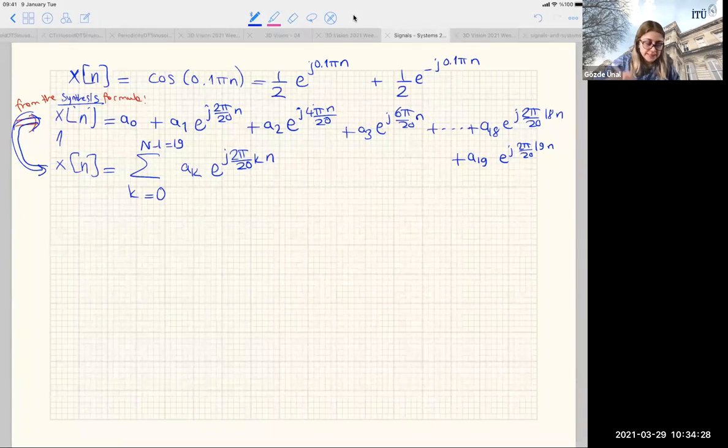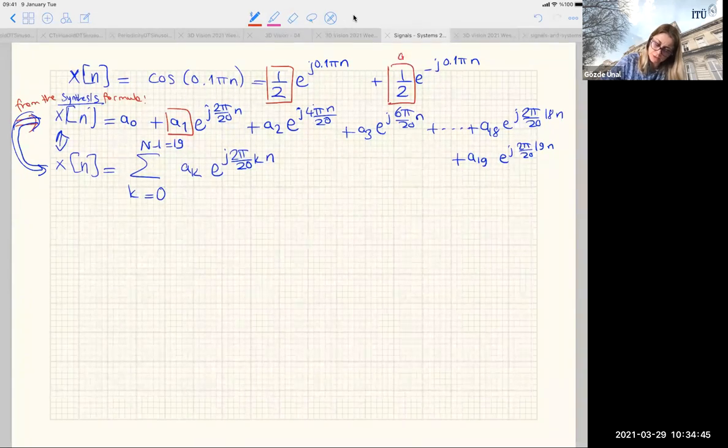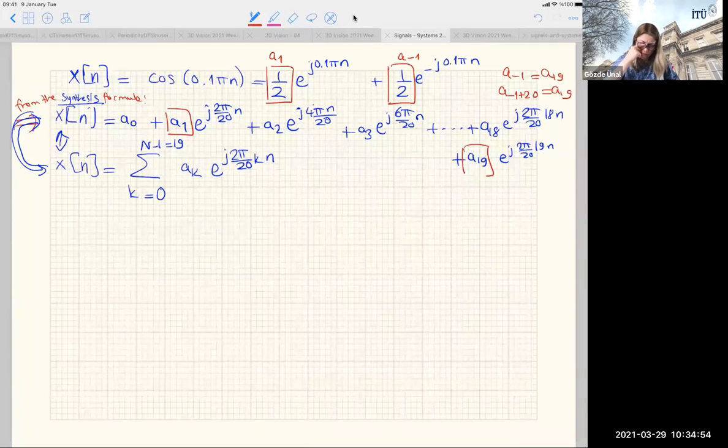From here we can see that a1 is 1 over 2, and I have a minus 1. I know a minus 1 is equal to a19, because minus 1 plus 20 is 19.